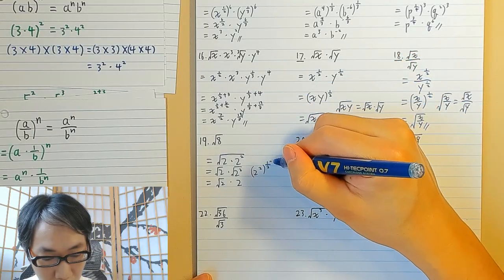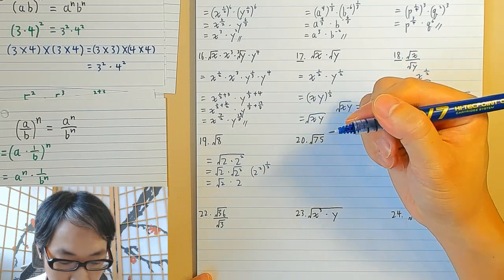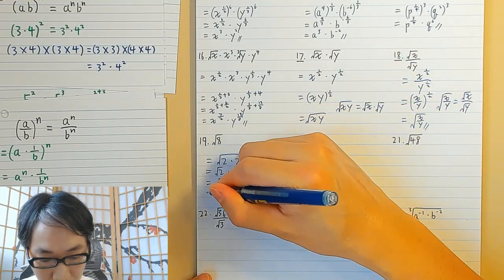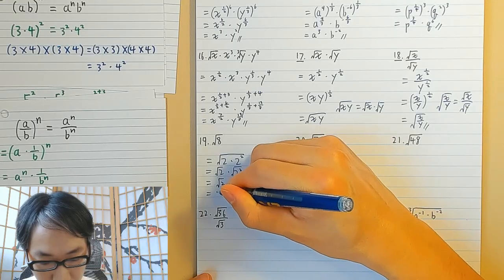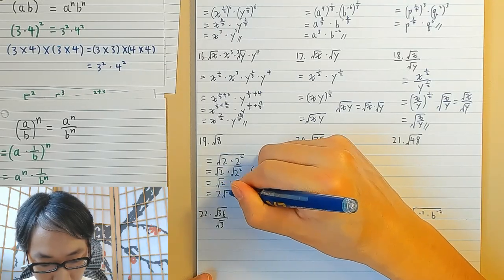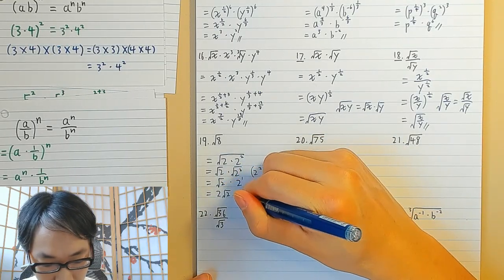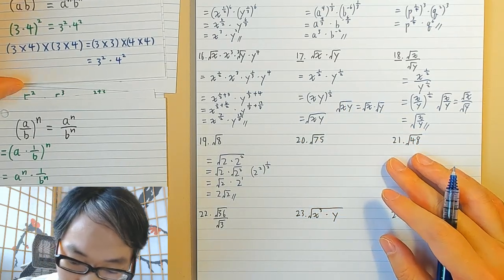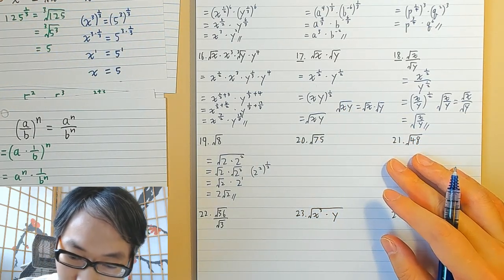Then 2 times 1 over 2 will be just 1. So 2 to the power of 1. Then we have 2 root 2. Okay. So remember this one.